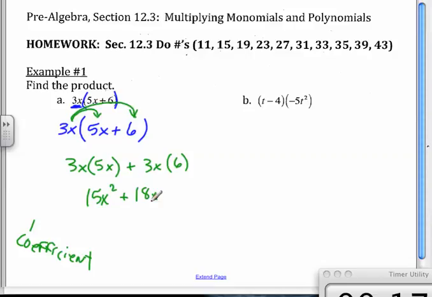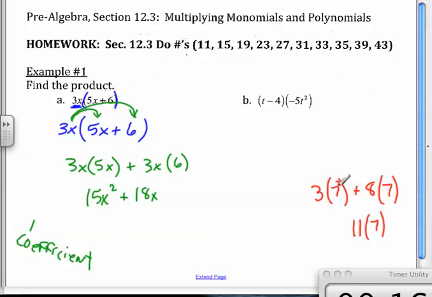But think about this. If I have 3 7s plus 8 7s, do you see that that's 11 7s? I've got 3 7s and I've got 8 7s. But wait a minute. What if that's 3 7 squareds? Can I put those together now? No, because 7 squared is a different number. 7 squared is 49.